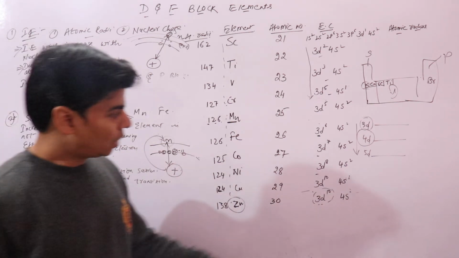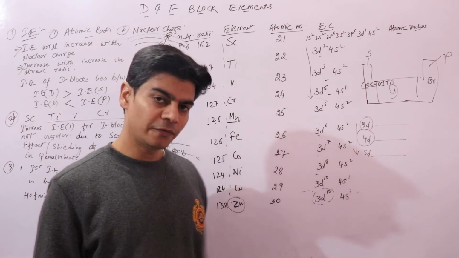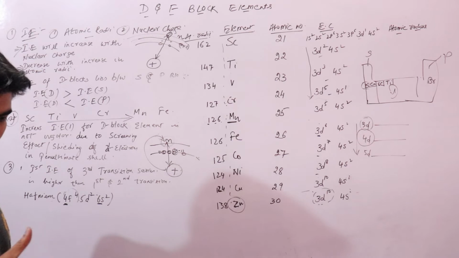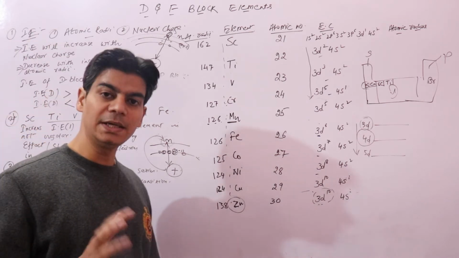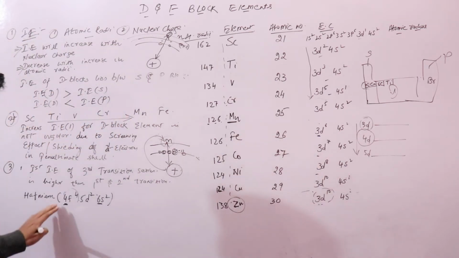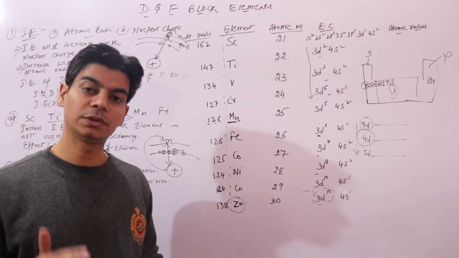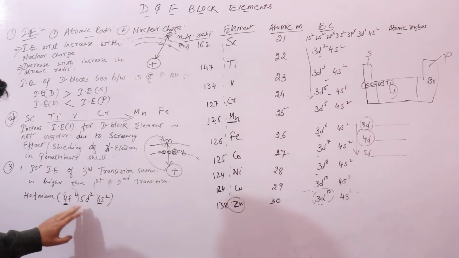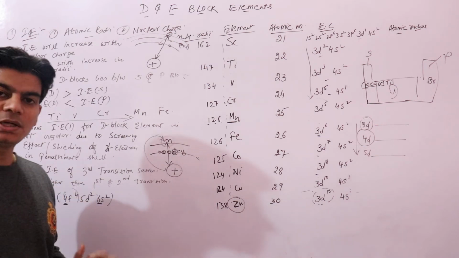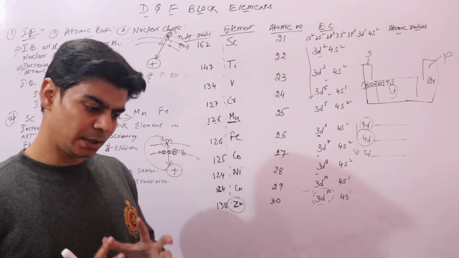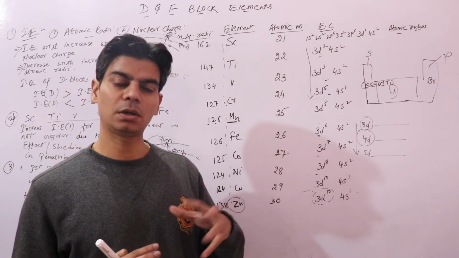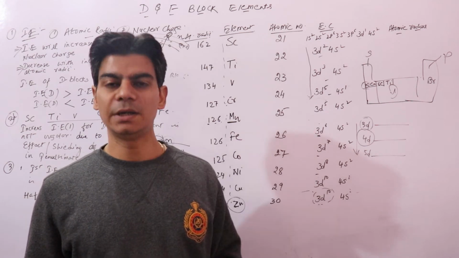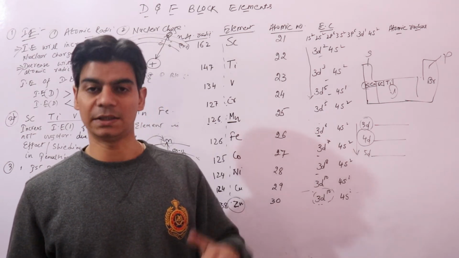Now here you have shielding effect due to f electrons, but the shielding effect is very less in the case of elements of the third transition series. The reason being, due to the peculiar shape of f orbitals, they could not produce a better shielding effect. The shielding effect is very less, right?